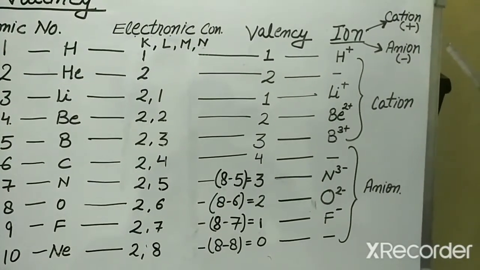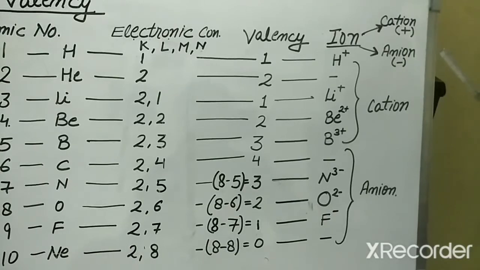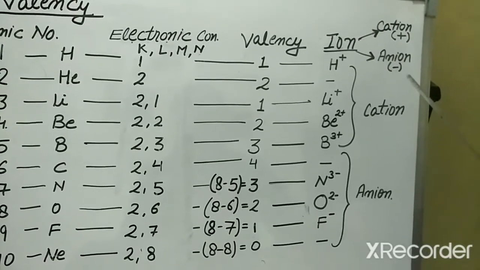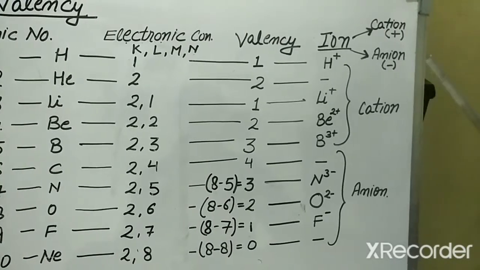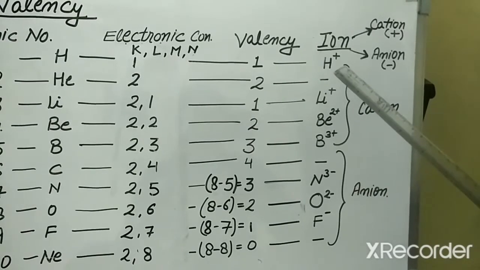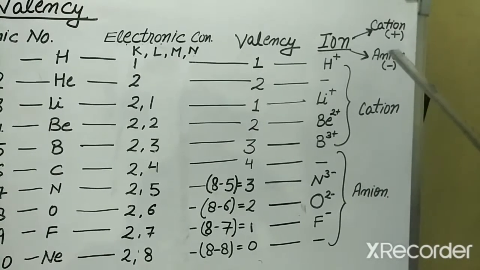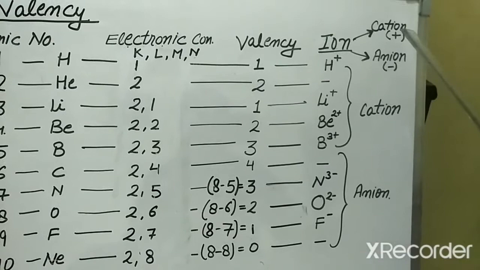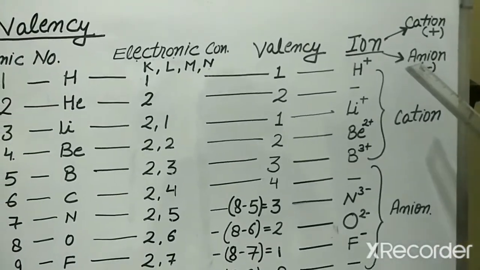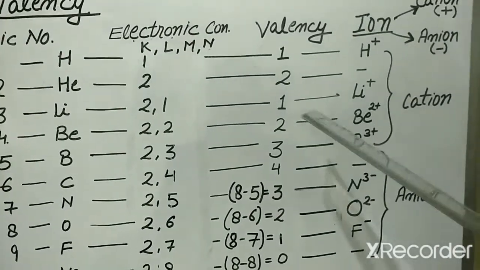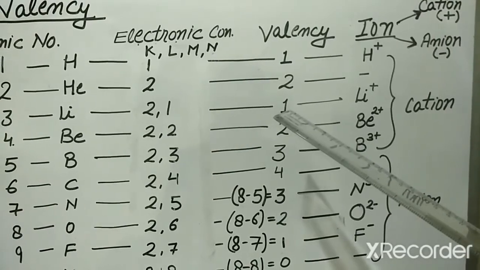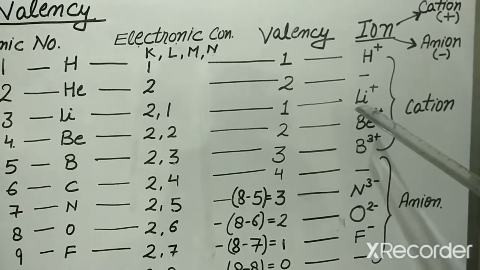Ions are a type of charge, whether positive or negative. When an element loses electrons, it gets a positive charge. Those positively charged ions are called cations. Means if someone is losing electrons, like here lithium is losing 1 electron, so valency is 1, and we write Li+.